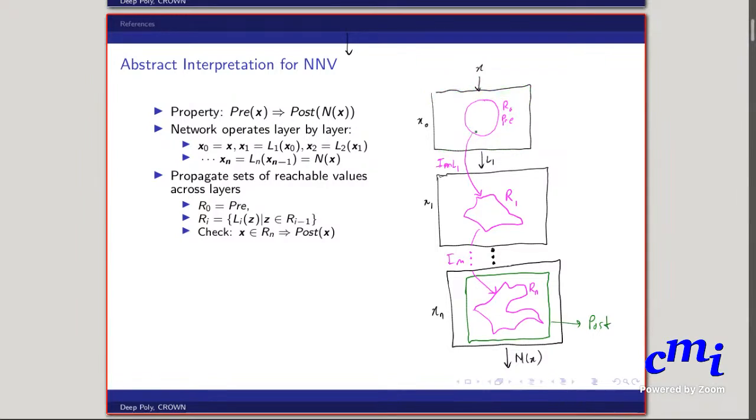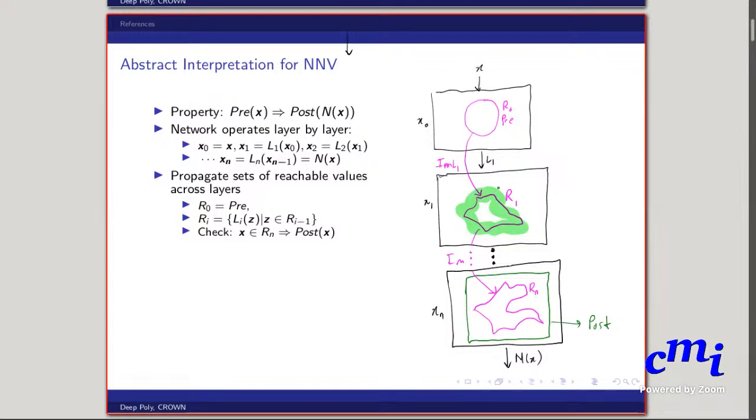When we apply the first layer, these values get transformed into some other set of values, according to the image under the first layer.